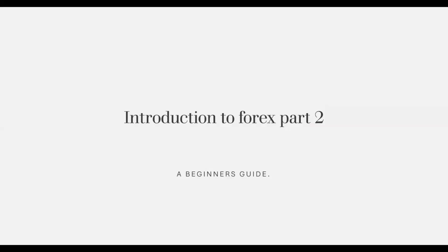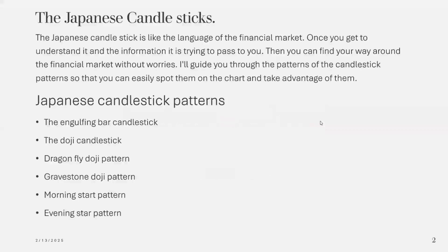Okay, so this is part two of the introduction to Forex trading, a beginner guide. Like I said, this part two will be more practical. So I'll explain the things that we are going to do on the chart theoretically first.